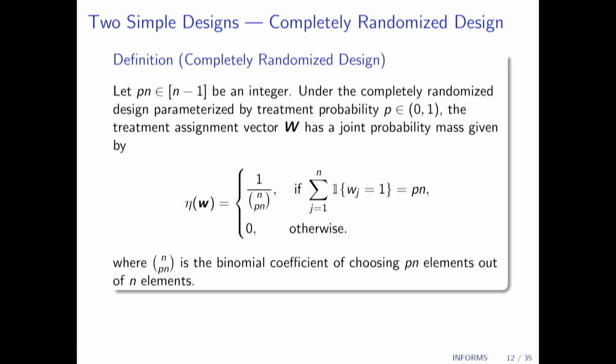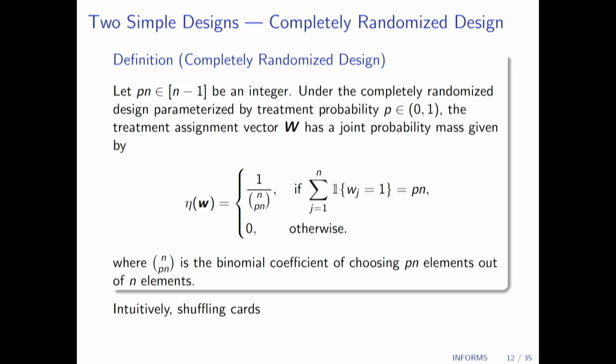In the second example, we refer to a completely randomized design, defined by the following joint probability distribution. Intuitively, we're doing card shuffling here. Out of a total of n units, we randomly shuffle them so that we pick the top p times n fraction of cards to receive treatment.